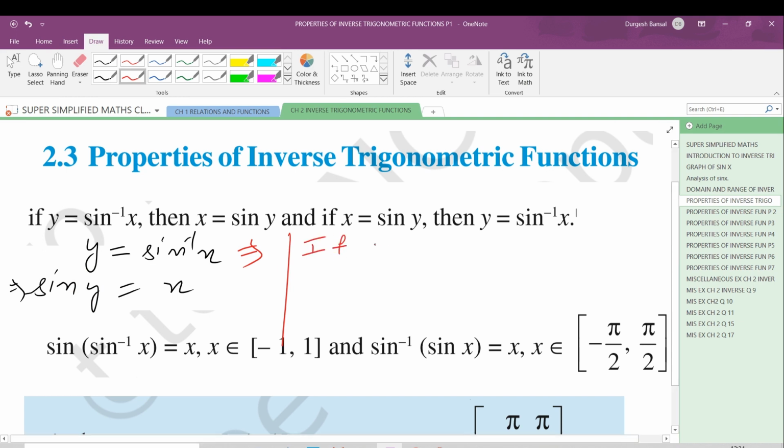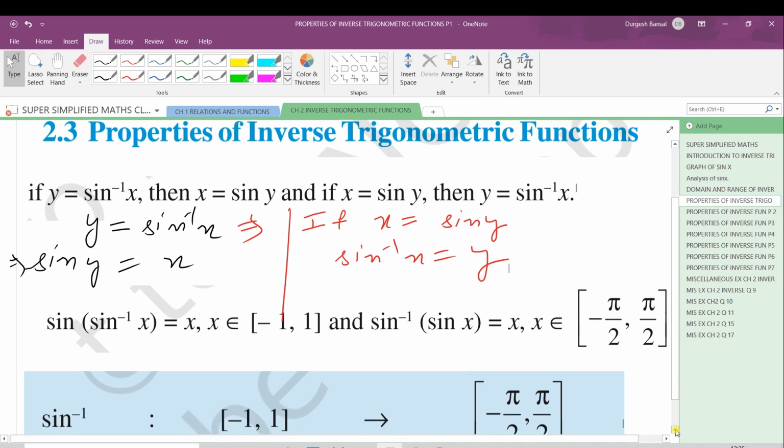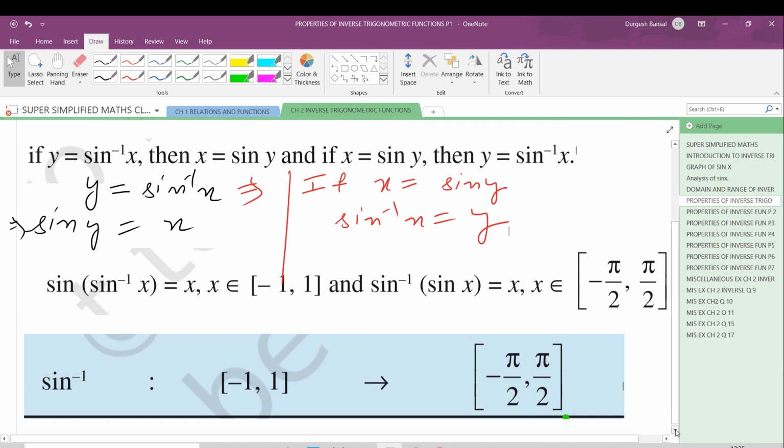That means if x is sine y, then also y will be sine inverse x. This is a very first general property of the inverse trigonometric function sine x. Now, whatever is true for sin x is true for other trigonometric functions also.